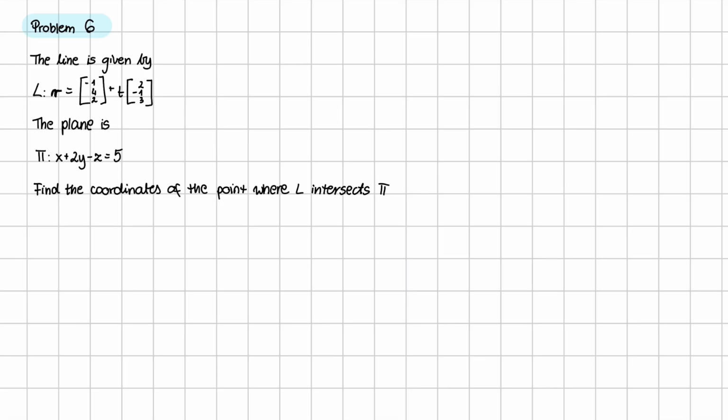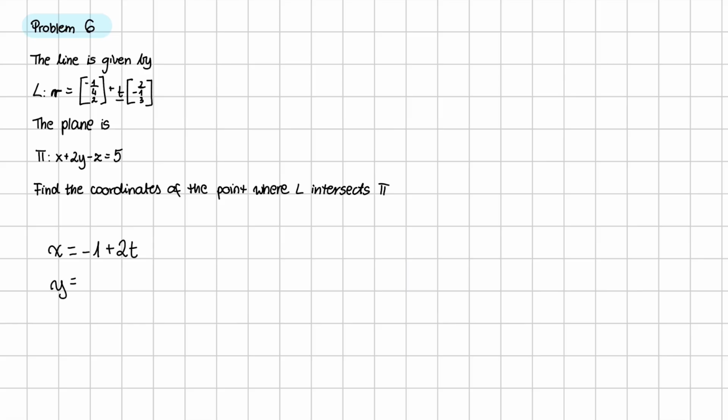Firstly, in this type of question, we have to write down our parametric coordinates. We know that the first coordinate from our line is x, so x is -1 plus 2t.